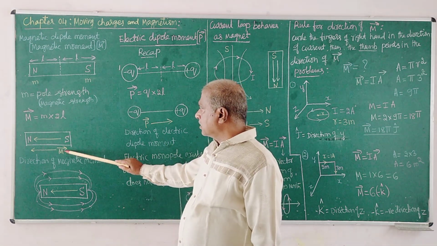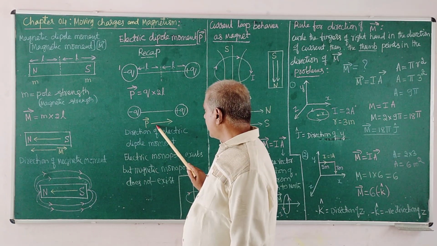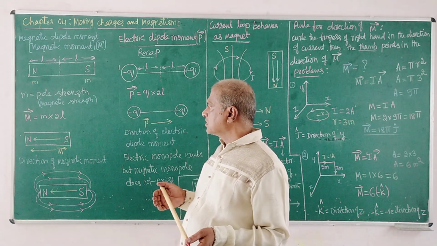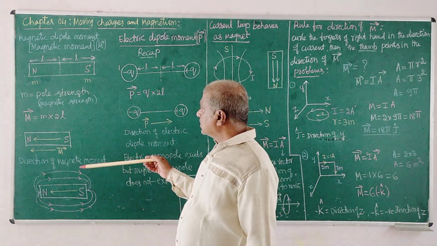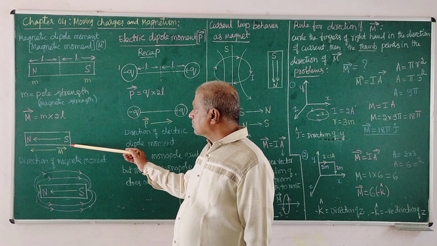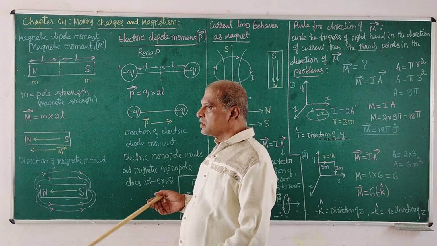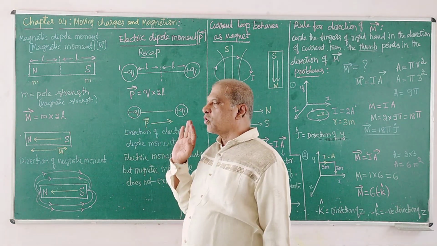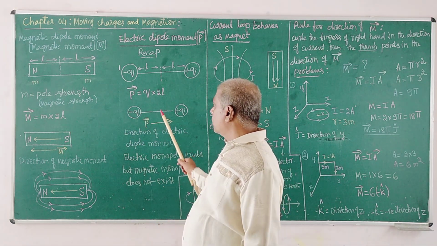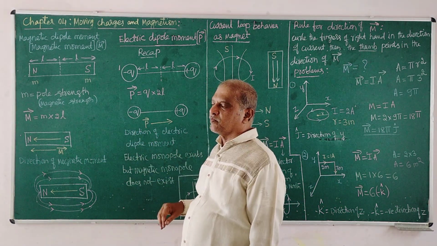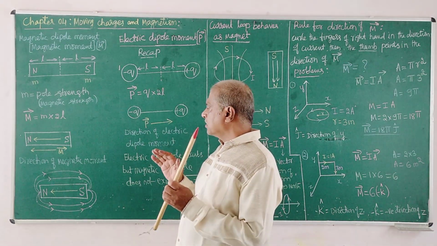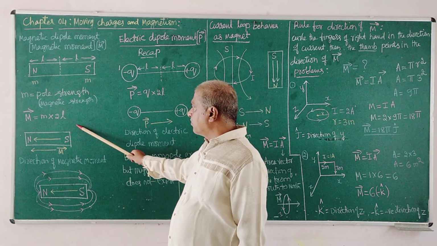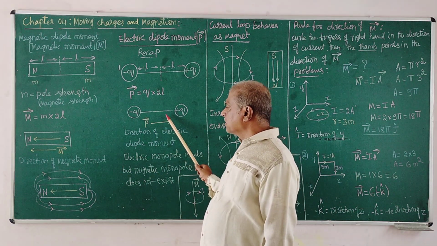That is the dipole moment and the field. The consequence is that it will stir up the material. What is the stir up? This magnet gets rotated, or this dipole gets rotated in the field. That is rotation, because of the tendency to align the direction of M along the applied magnetic field and the direction of P along the applied electric field.